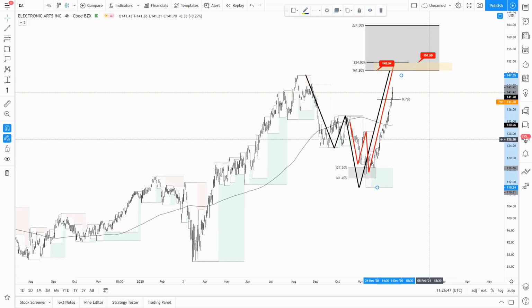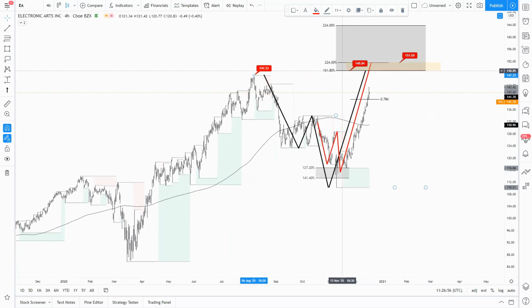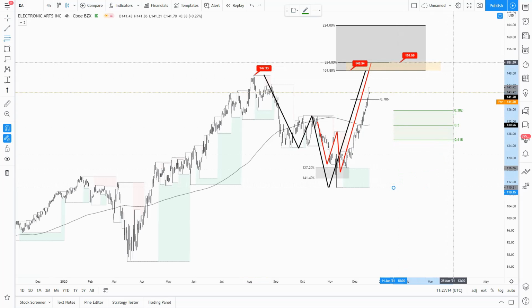We are now abandoning the 78.6. Obviously, we need to wait for the violation of the previous structure highs before starting to project those patterns. But note this level may act as a false breakout of the previous structure high. If the market decides to find some resistance right above the previous structure highs, forming those shark patterns projected above, we may see a reaction again at the 38% fib, or actually the 50% Fibonacci retracement.